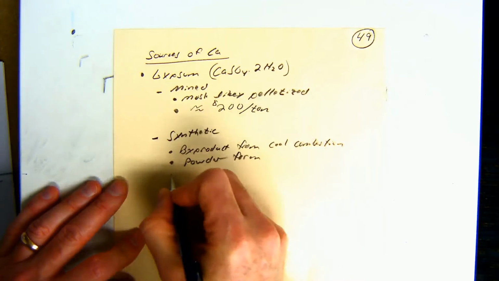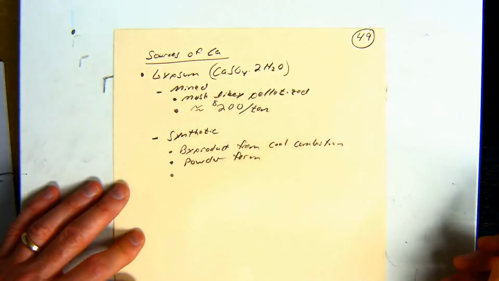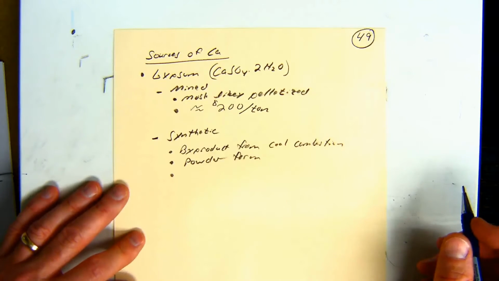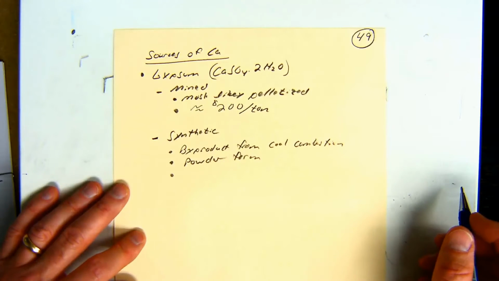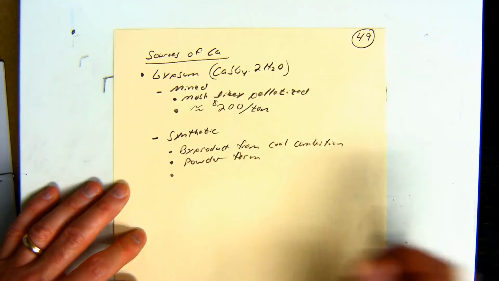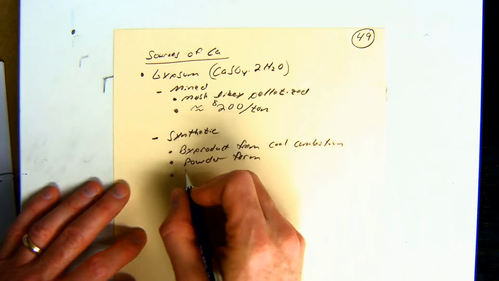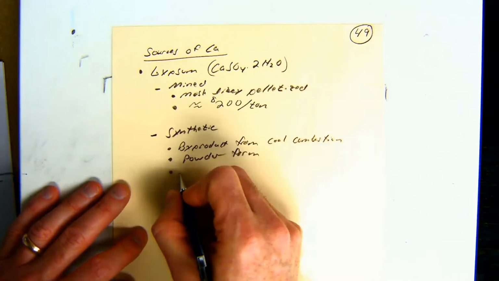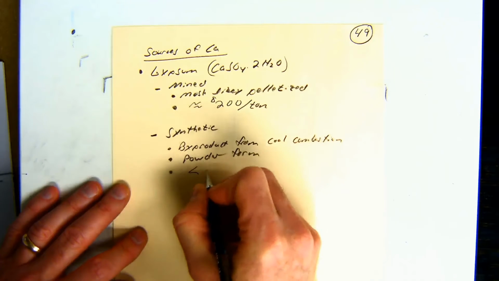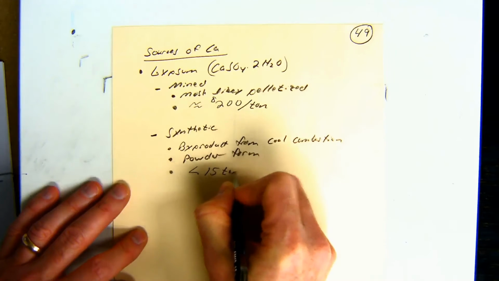It doesn't work well in live bottoms because it bridges pretty badly, and you don't want to be up there beating on the sides of the trailer or the hopper to get it to move through. Now available is less than about $15 per ton.